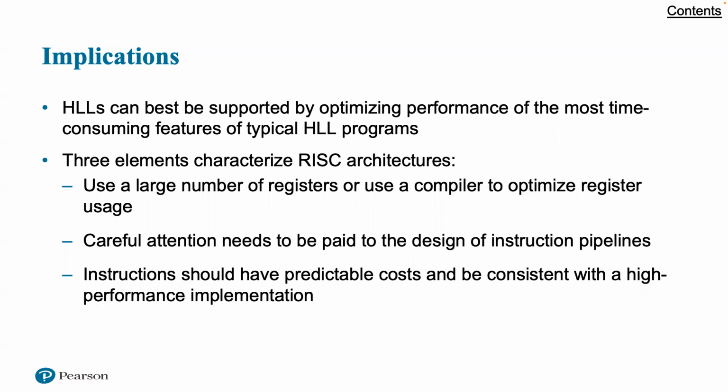Generalizing from the work of a number of researchers, 3 elements emerged that by and large characterize RISC architecture. First, use a large number of registers or use a compiler to optimize register usage. This is intended to optimize operand referencing.